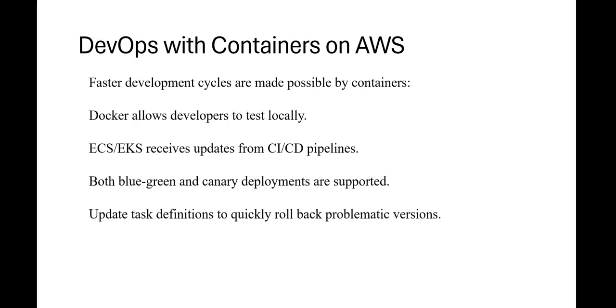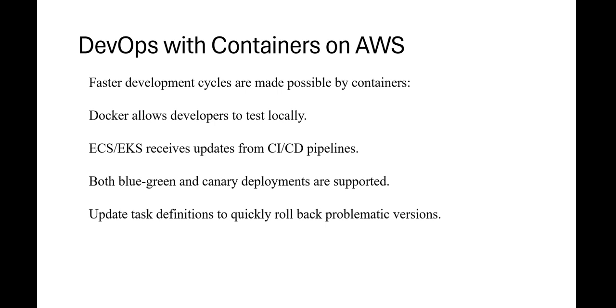And next one is AWS DevOps with containers on AWS. Faster development cycles are made possible by containers. Docker allows developers to test locally. Containers support fast DevOps workflows. ECS and EKS receive updates from CI and CD pipelines.